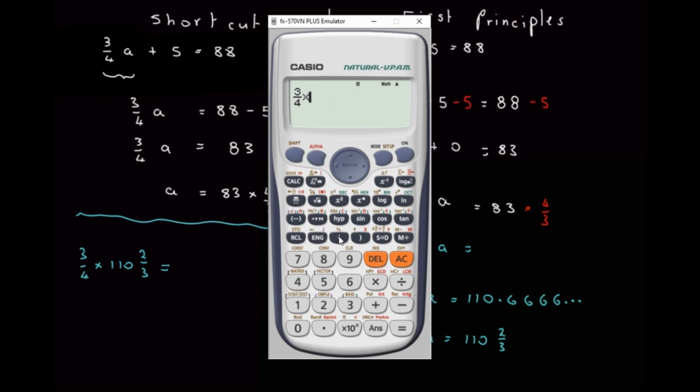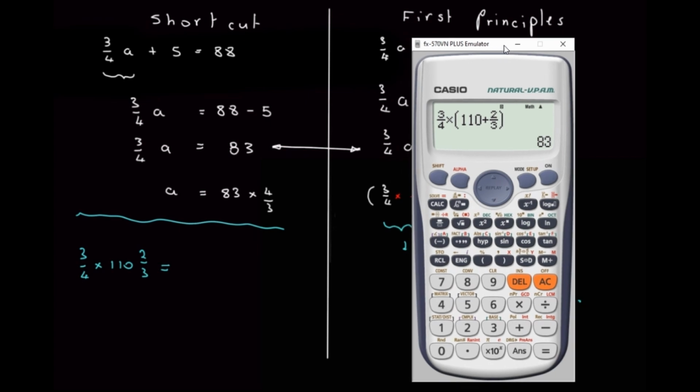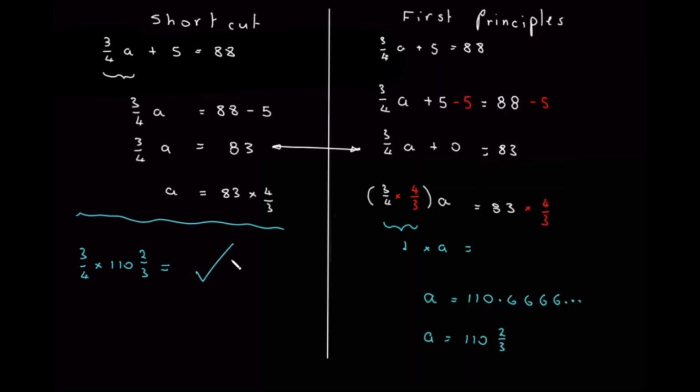I'm going to put a bracket in there. 110 with the fraction 2/3. Come out, close the bracket, and we get 83. But I have not added the 5 yet, so I now go plus 5, and we get 88. So that indeed works.